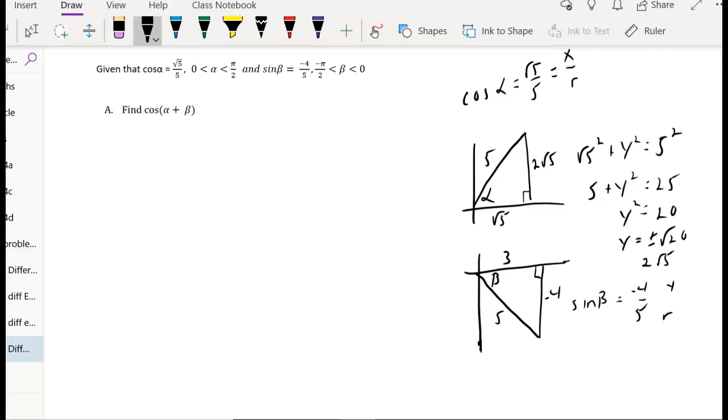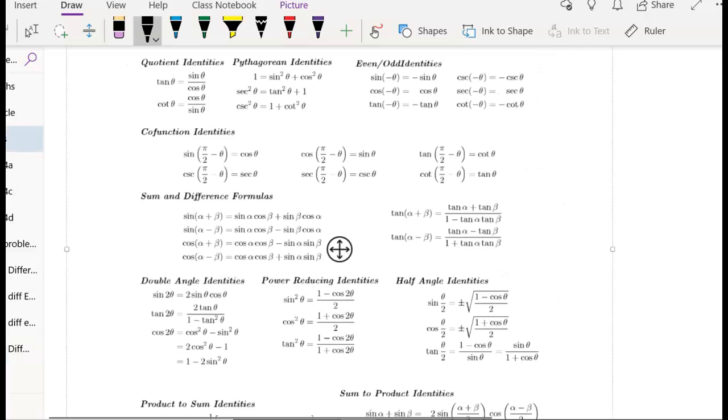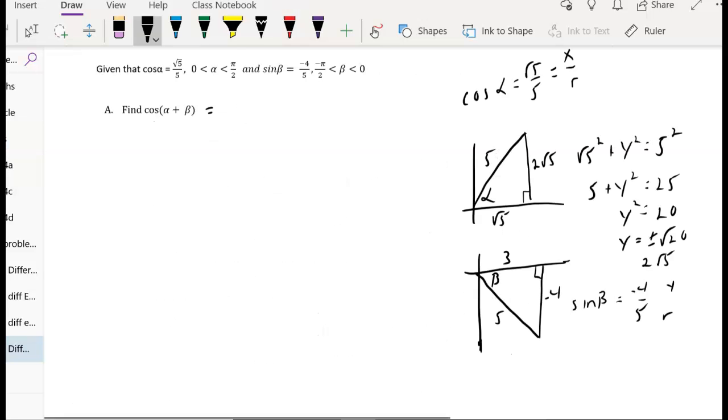Okay, now that we have the two triangles, we're going to be able to apply the difference formula for the cosine, just looking at our identity page. It's the cosine one, so right here, the cosine of alpha minus beta. So we refer to that when we write this down.